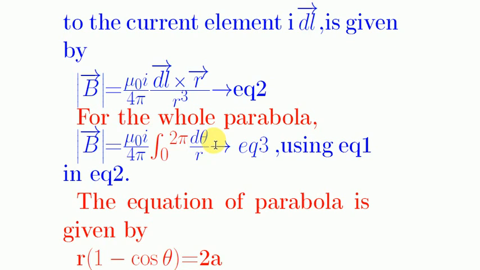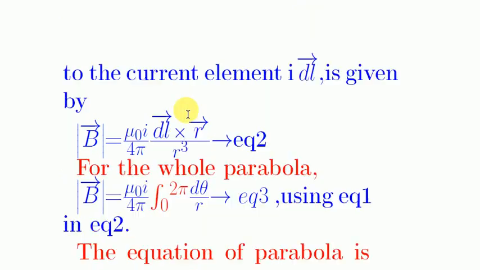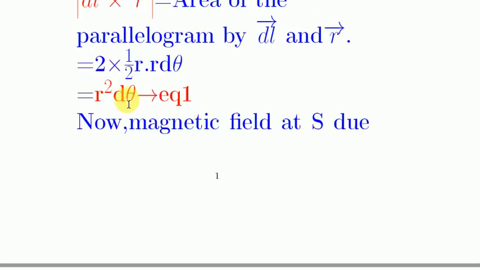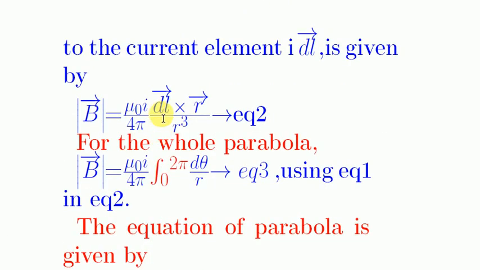So d theta by r comes from using r square d theta in place of dl cross r, and this comes only from using equation 1 in equation 2.